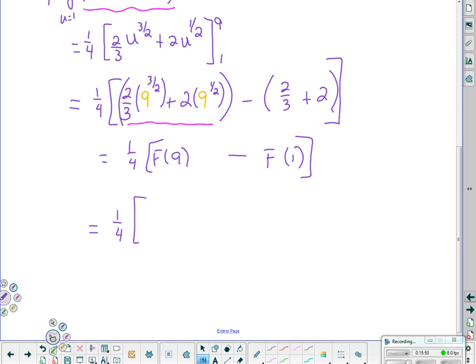9 to the 3 halves power, that is the square root of 9, then cubed, times the 2/5, plus 2 times the square root of 9. Boom. Minus, I'm working on, right now I guess I'm working on this.